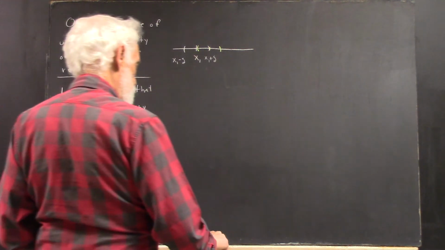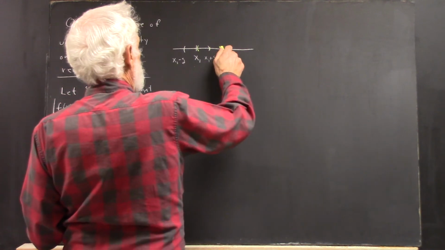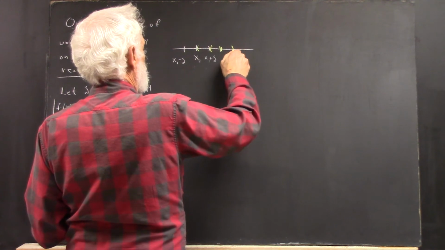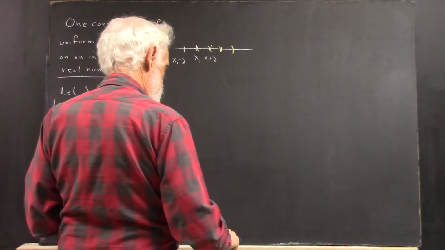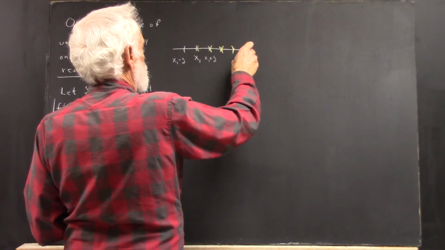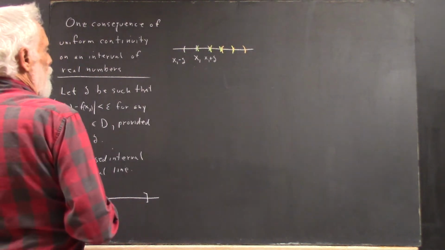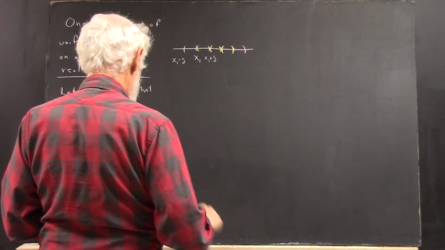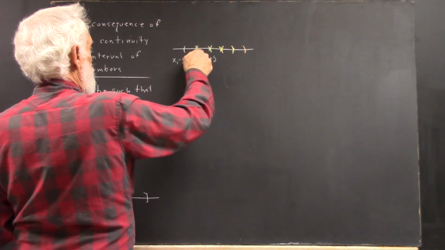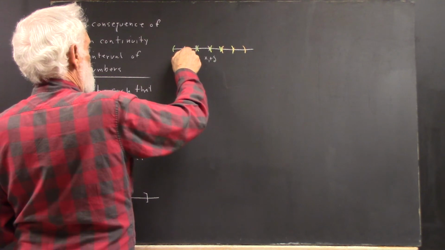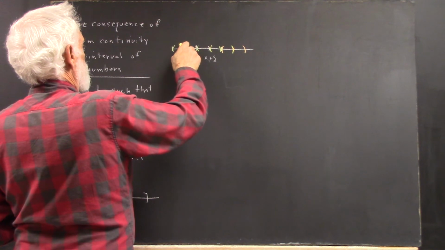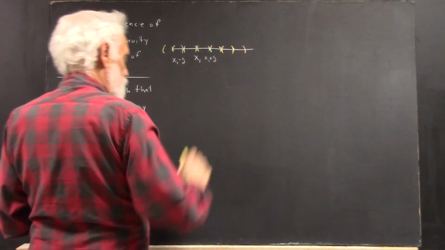I can continue doing this. So I just have a sequence of intervals of length 2 delta that go as far as I want. And similarly, on the left, I have a sequence of intervals here. And so on.